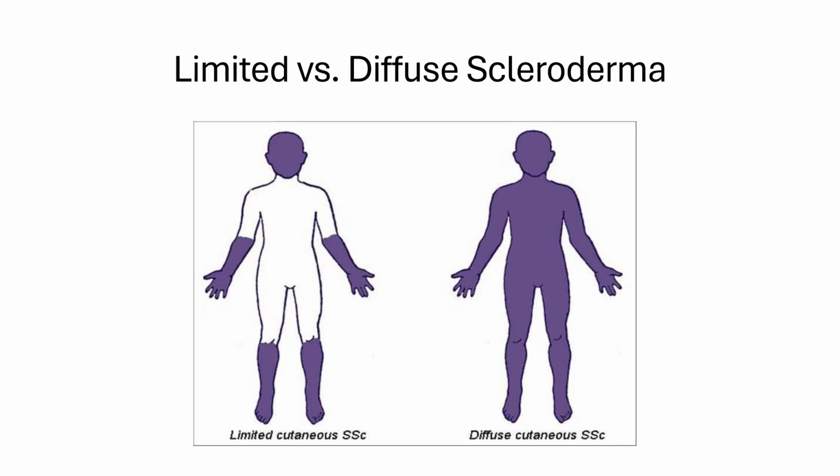If you have skin involvement on the trunk, the thighs, the upper arms, then it's defined as diffuse scleroderma. Now, the reason it's important to make this distinction is that there are patterns of different disease manifestations based on the limited versus diffuse. Let's talk about how these two diseases differ.